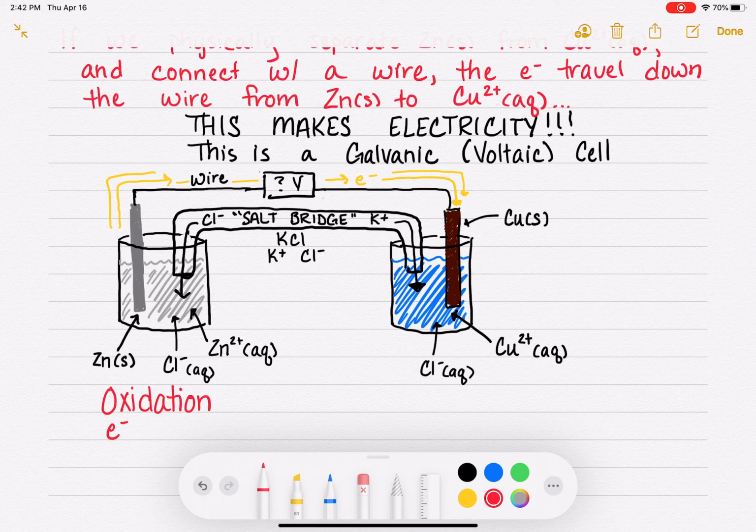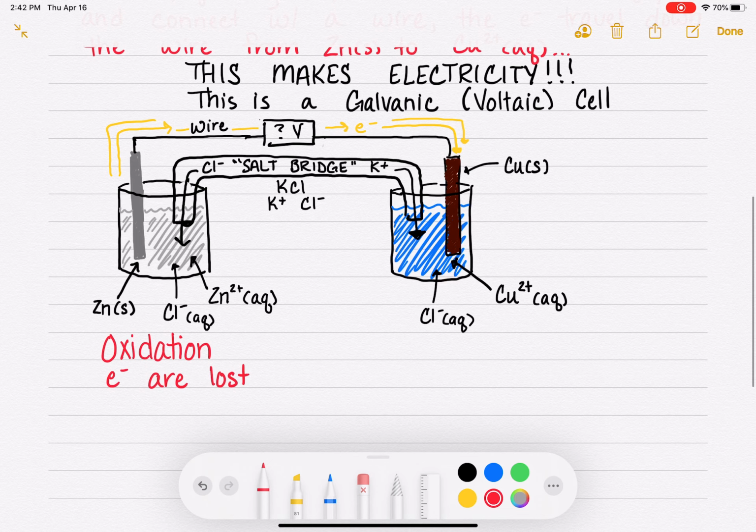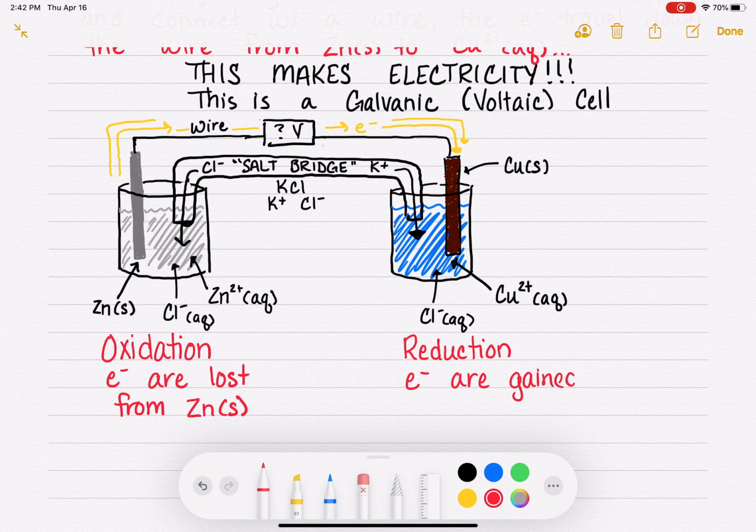The electrons are being lost from the zinc. And the right side of this is the reduction half reaction, which I know because of OIL RIG, reduction is gain. So the electrons on this side are being gained by not the copper metal, but the copper 2+ ions. They're being picked up by that.